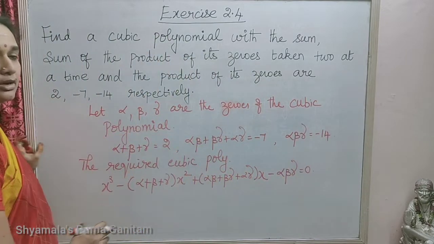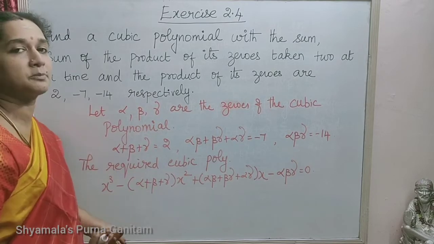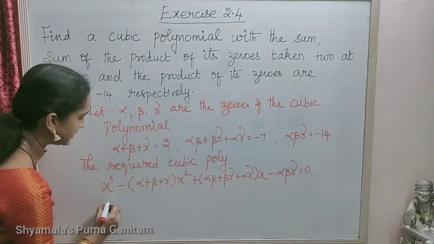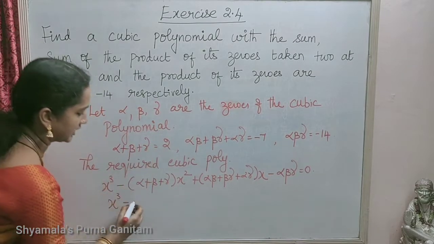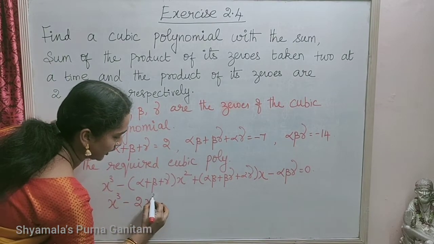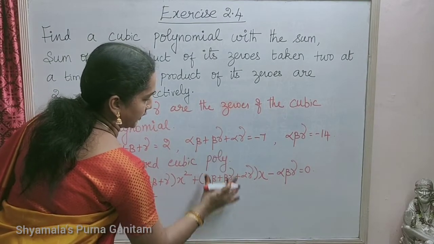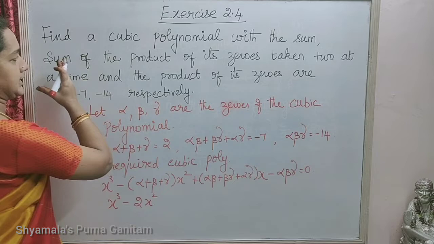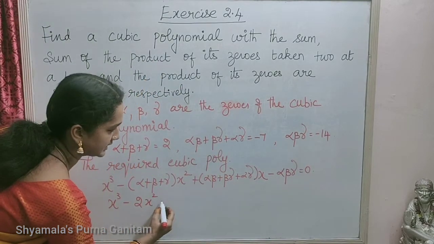This is the general form. We just have to substitute whatever is given into this general form. So x cube minus 2 x squared, then the sum of the product of the zeros taken 2 at a time is given as minus 7.